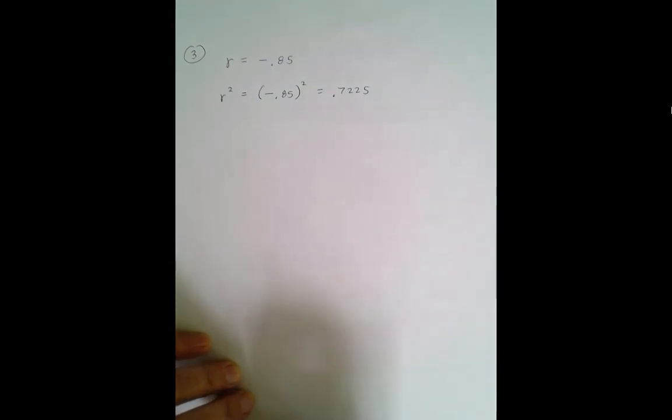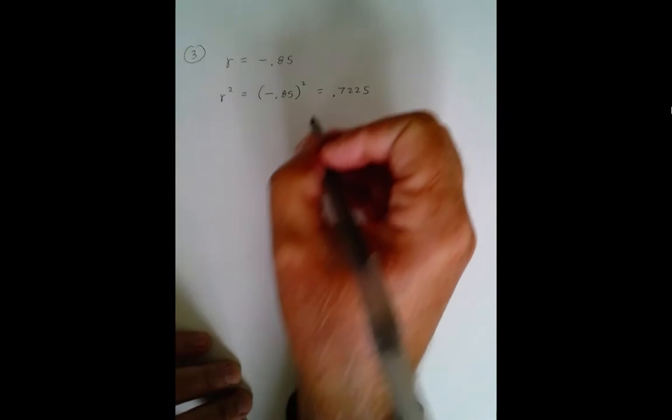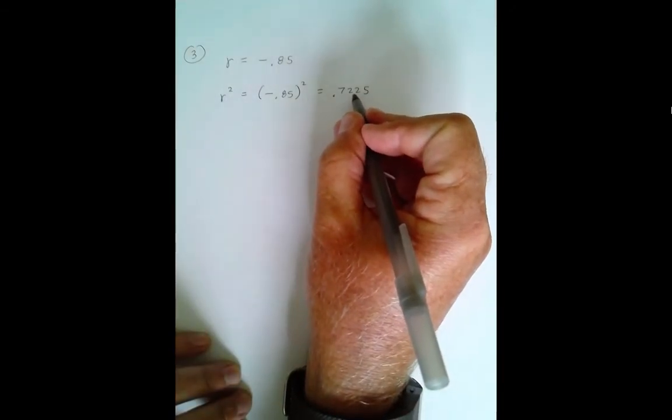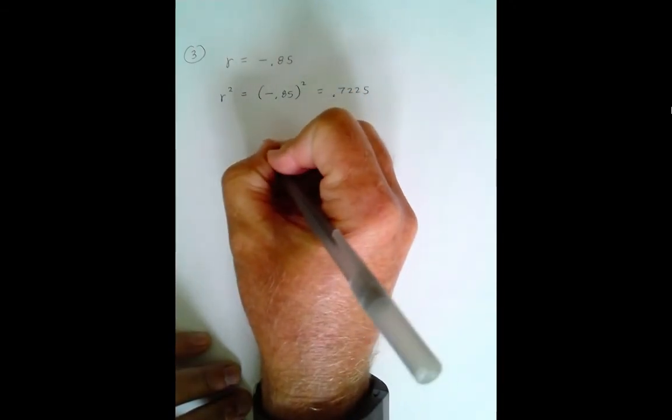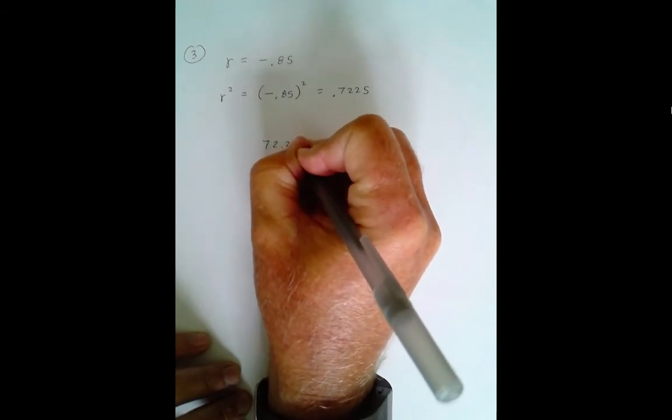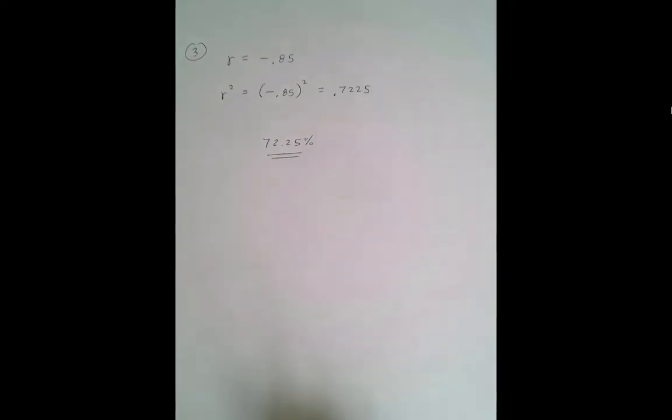Now, first of all, R squared is always reported as a percentage. So we'd want to move the decimal place 2 places to the right. And we would say that our R squared is 72.25%.